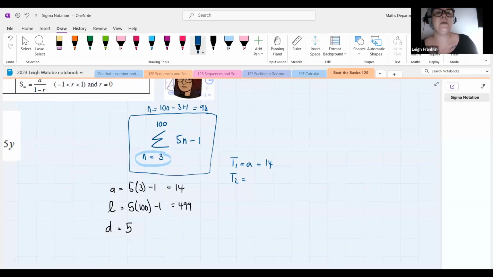So term 2 would be created by subbing 4 into our rule. So in this case, term 2 would be 5 times 4 minus 1, which should be 20 minus 1, which would be 19. So your difference would be 19 minus 14, which is where the 5 comes from. Does that make sense, Lesedi?